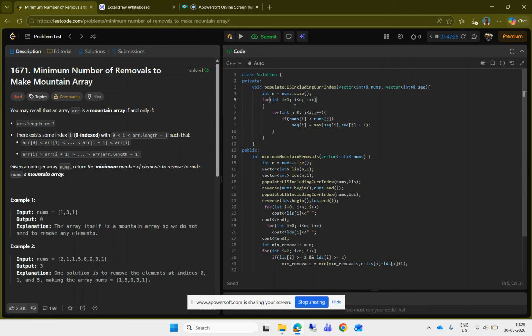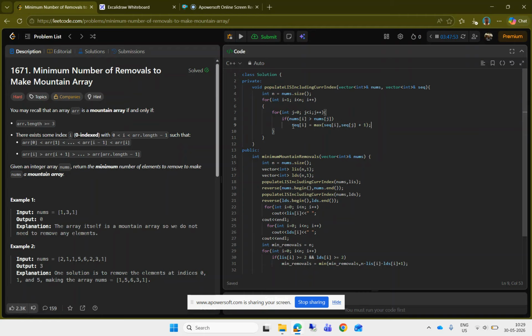So we start from I equal to 1, and then j goes till before I, and if nums[i] is greater than nums[j], then the value of the longest increasing subsequence will be the longest increasing subsequence ending at j plus 1, because I is an additional element that is greater than j, so it can be included. This is where the formula comes from. We'll do this for all j's and take the max.